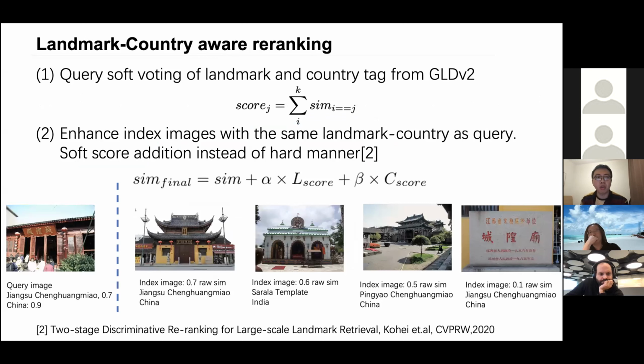And next, a re-ranking method. We use query soft voting of landmark and country from GLD v2. That is, we use soft voting for the landmark and the country tag. For the country tag, we get it from the GLD v2 official set.